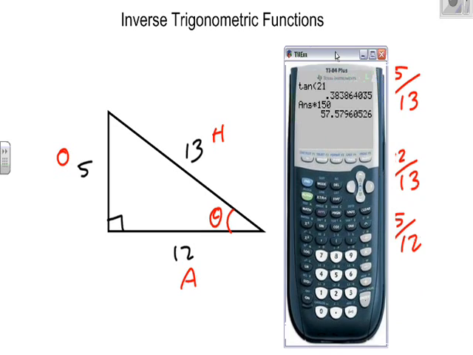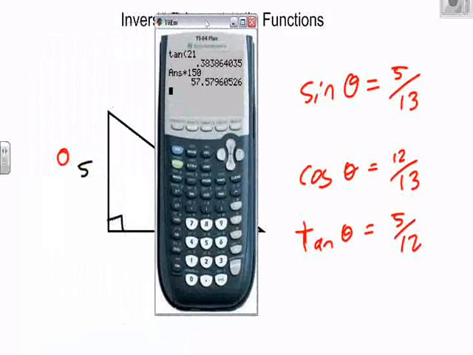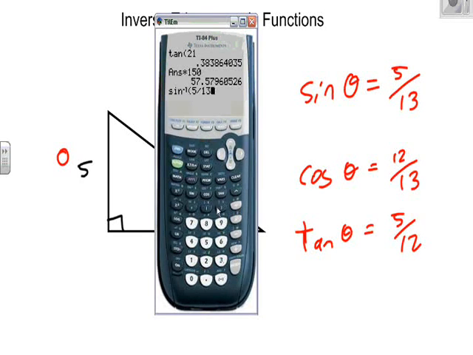So going back to our calculator, if you want to find out what the angle is, you have to do the inverse function, which is normally the second function above regular sine, cosine, and tangent. So you need to push the second button to access the writing above the buttons, and then input the fraction, 5 over 13. So we get that it would be 22.6 degrees.